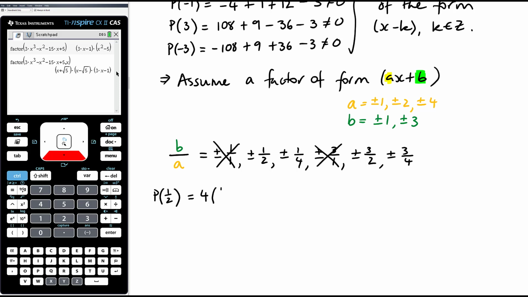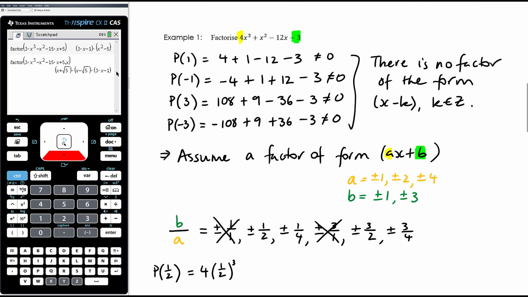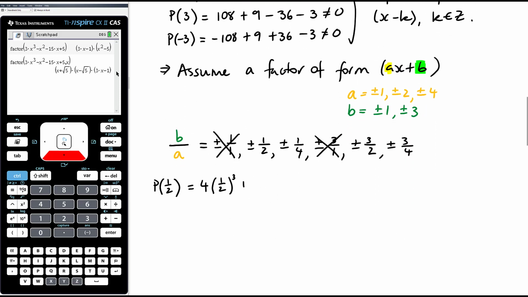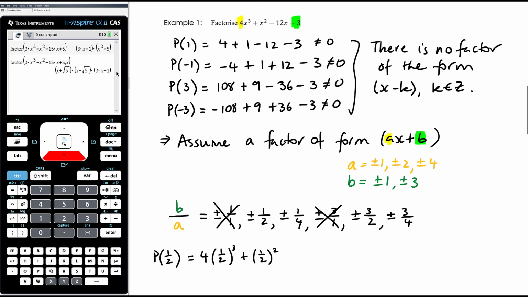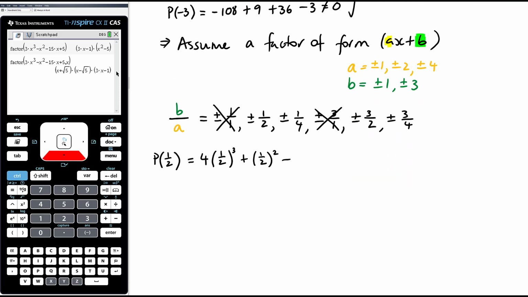Okay, so we've got 4 times 1/2 cubed. Let me go back up here, plus 1/2 squared, minus 12 times 1/2, minus 3. Okay, so 1/2 cubed is 1/8, 4/8 is 1/2.